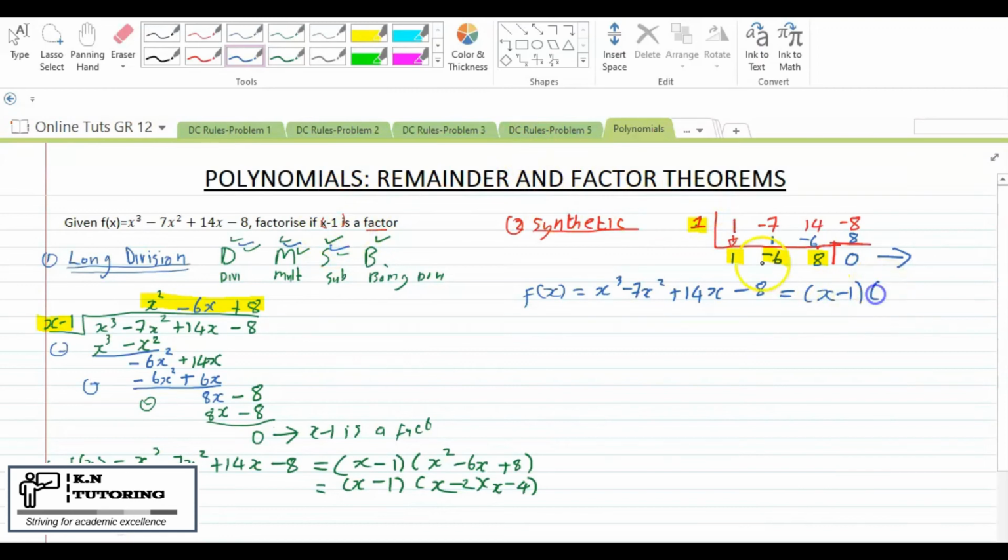And inside the bracket, you will see I have 3 terms, and one term will have a coefficient of 1, and we know that the first term here is x squared, so it will be x squared minus 6x plus 8. Basically this is 1, minus 6 and 8 there. Okay, and you can simplify this further. Let me just do it and say this will be the same as x minus 1, and this is the same as this, and I'll get x minus 2 and x minus 4.